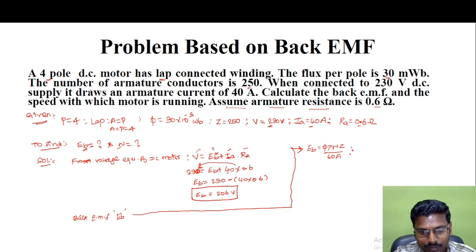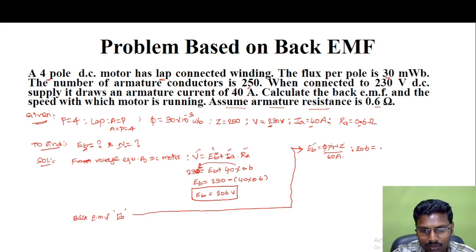So I am expressing this Eb here. I have found the value of Eb. So 206 is equal to this expression, where I know the value of Eb, phi, number of poles, Z, A, everything, but I don't know the value of N. So from this I can calculate the value of speed N, right?